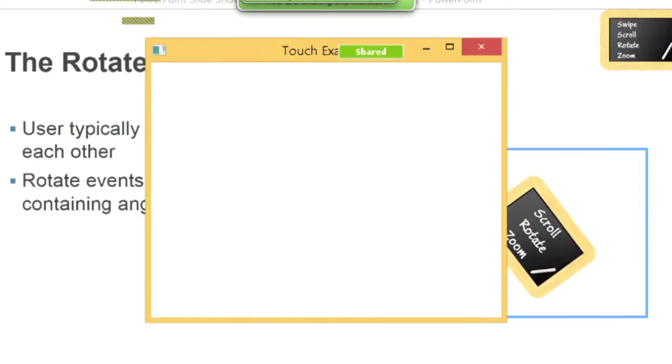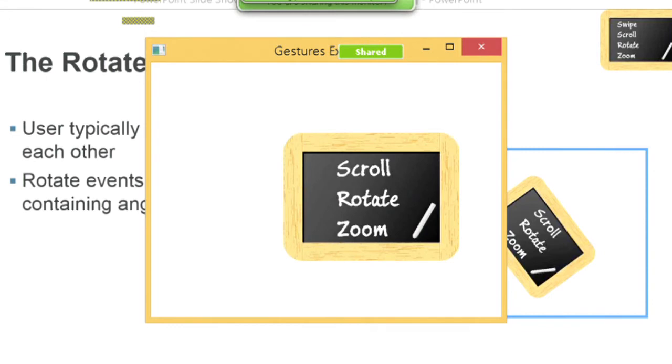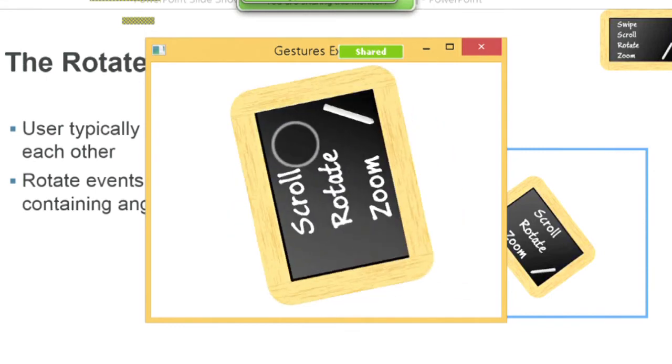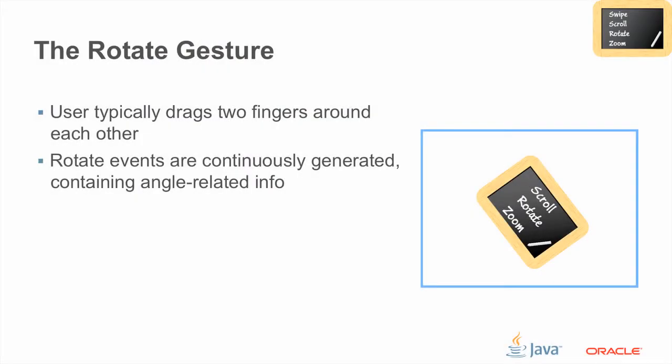Then we have a rotate gesture, and I'll show you an example of that, where we can take 2 fingers and rotate. So like the scroll event, it is continually generated, and we have angle-related information sent to us.